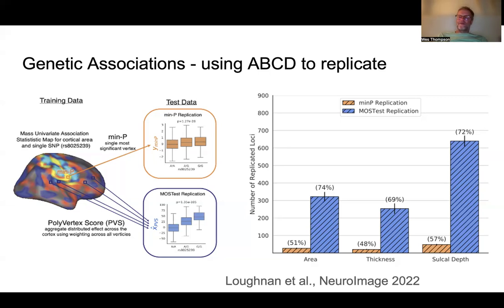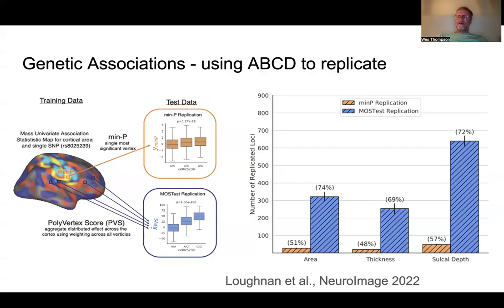It could also be used for replication studies. If you had a very well powered GWAS and you wanted to replicate, you could use the ABCD data to do that. A very common use for the genetics data is to create polygenic risk scores, which I'll talk about in a minute.